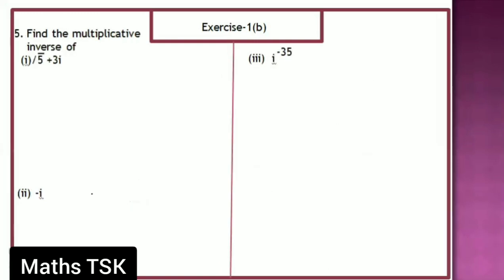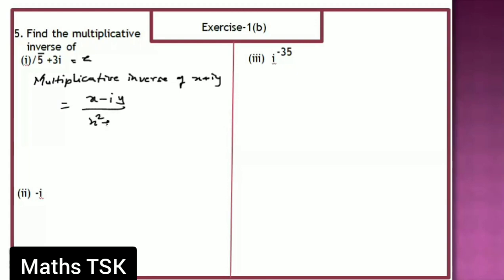And then what is the multiplicative inverse? Already I have done this. What is the multiplicative inverse of this? If you consider this as z, what is the multiplicative inverse of z? Multiplicative inverse of x plus iy is equal to (x minus iy) by (x square plus y square).